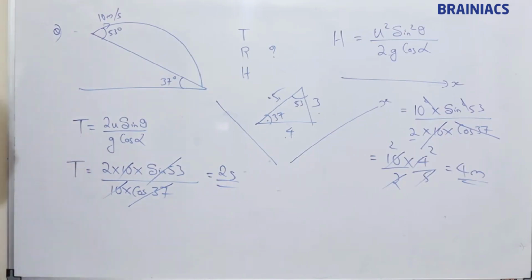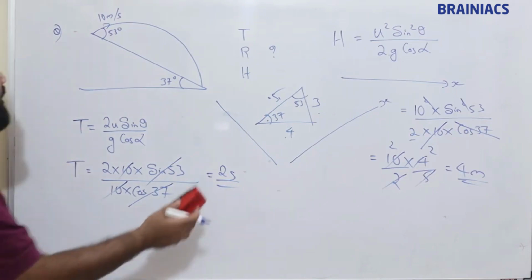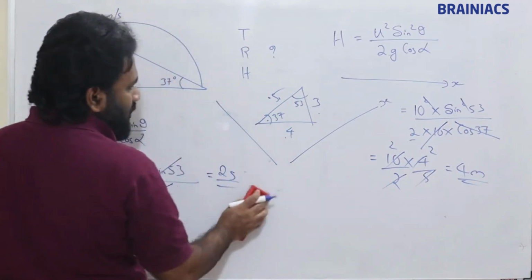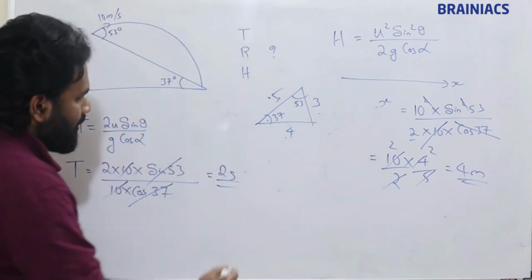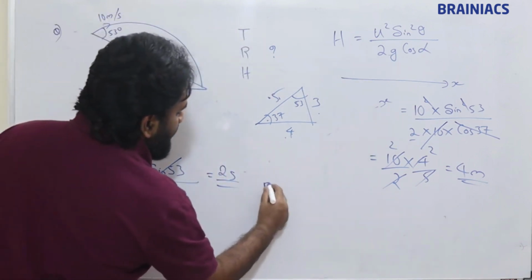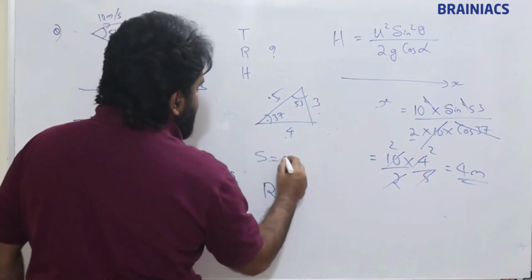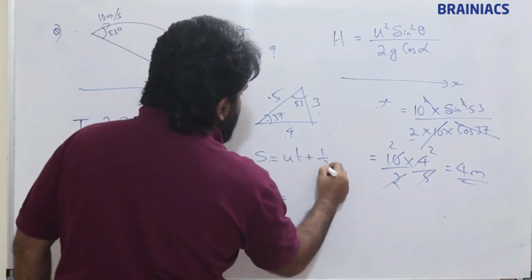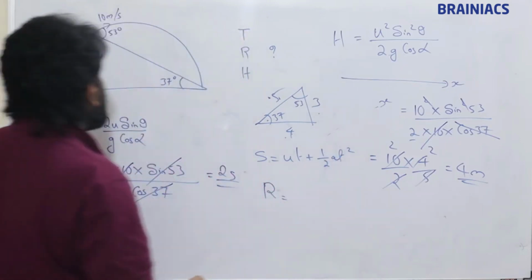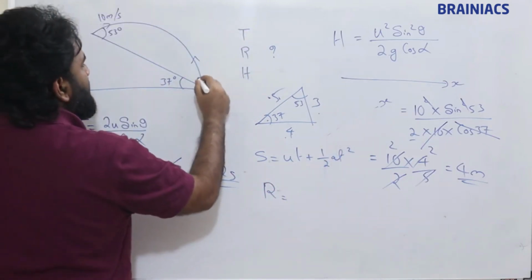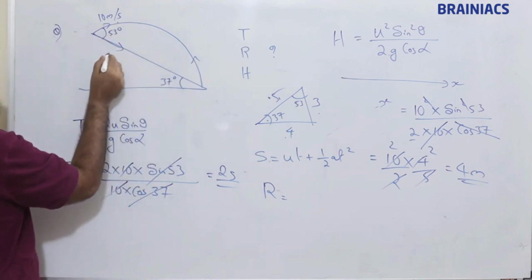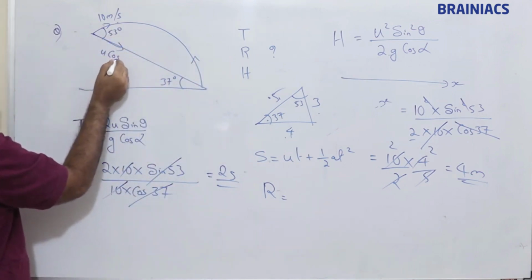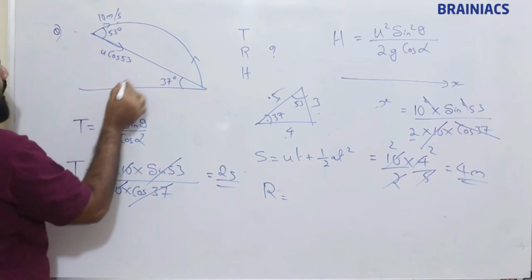So here for the range we need to be a little bit careful. That's it, nothing to worry. So the range is equal to, which formula will we be using? X is equal to ut plus half at square. If this is u, then this is going to be u cos 53.